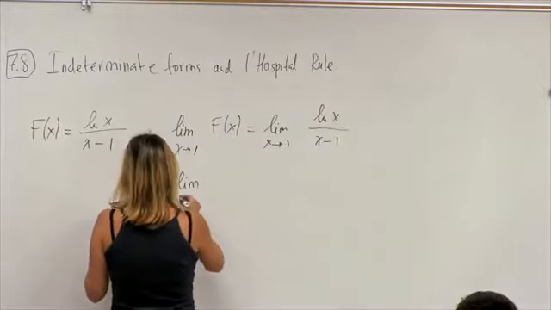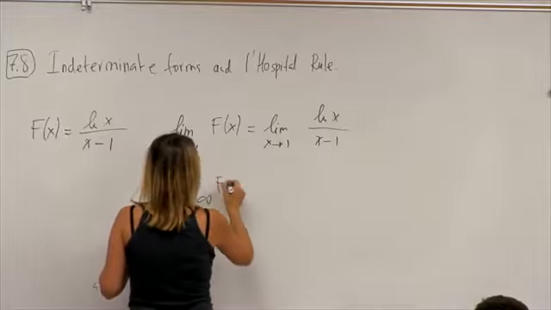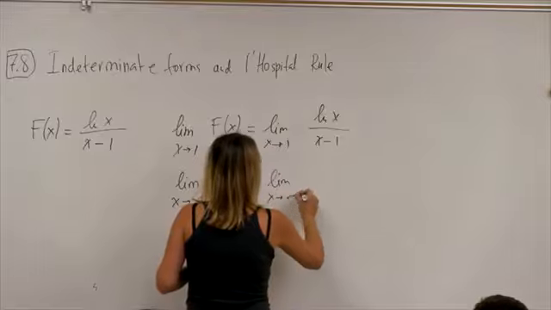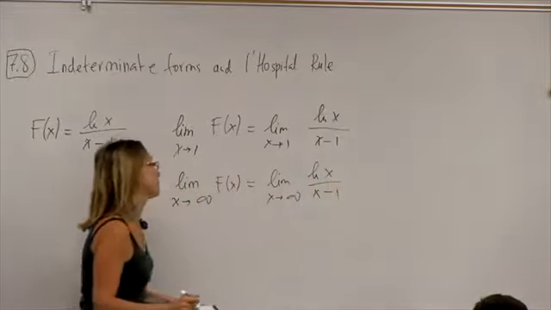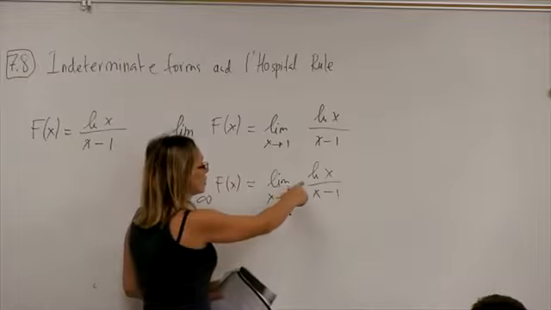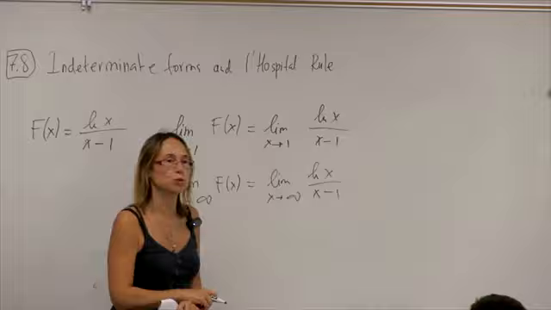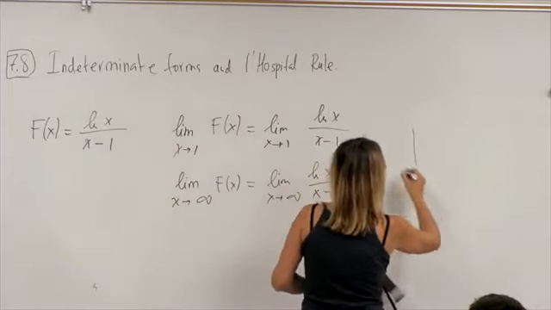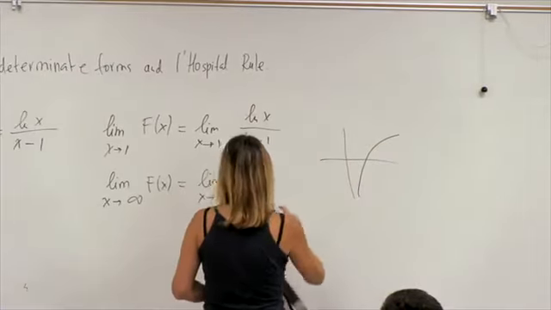Another one. We're going to look at the same function, but we take x to infinity. So this is the limit as x goes to infinity of log x over x minus 1. What happens to log x when x goes to infinity? It goes to infinity. Remember the graph of log? It goes to infinity slowly.